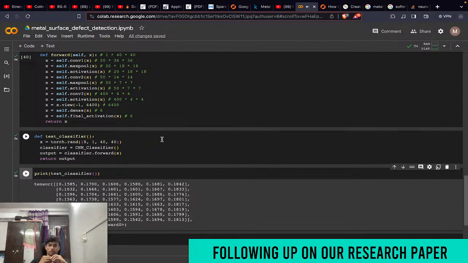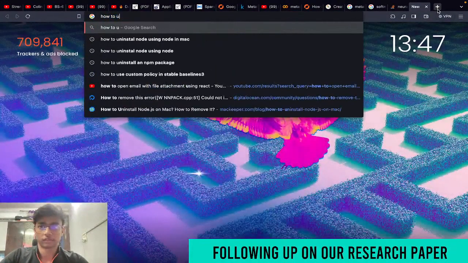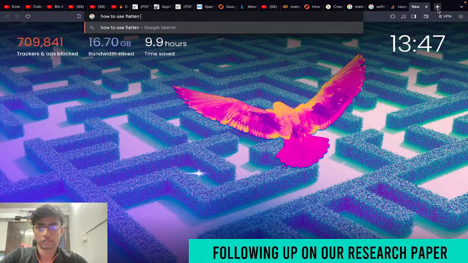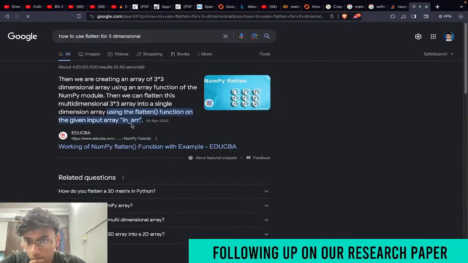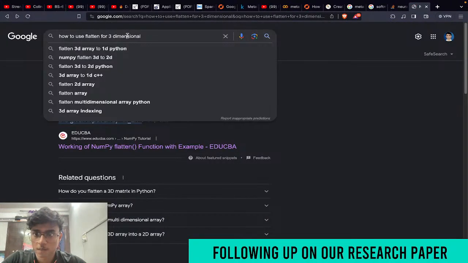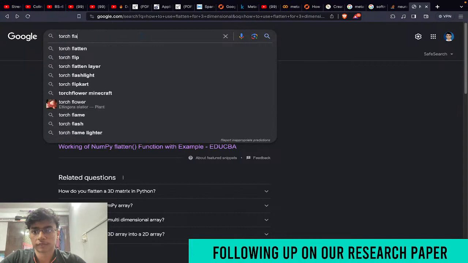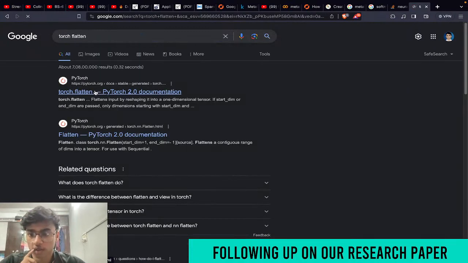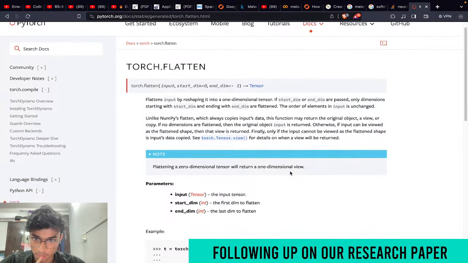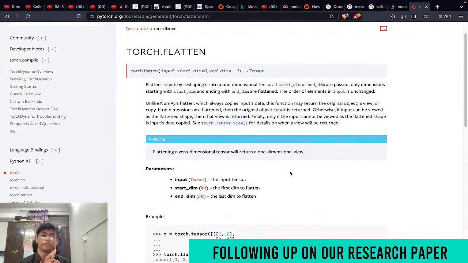I'm still scared of this thing. No, it doesn't feel right. How to use flatten? Source dot flatten input starting ending. Start dim.